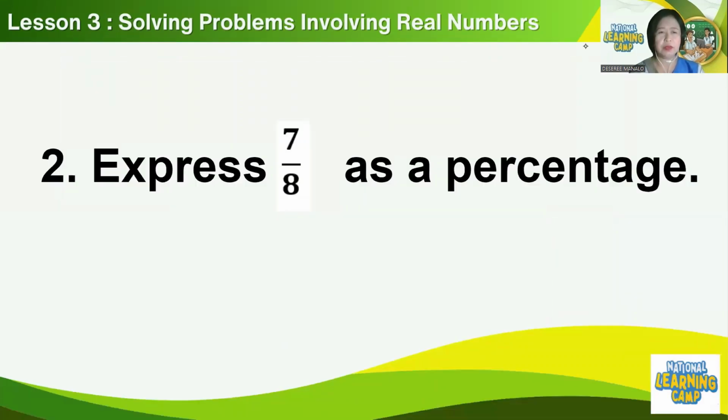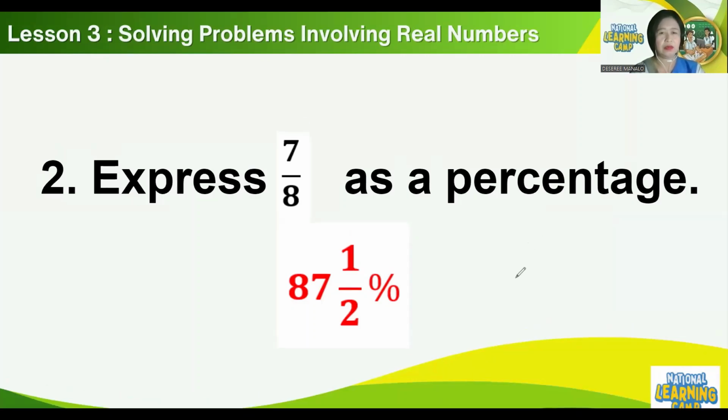Number 2, express 7/8 as a percentage. The answer is 87 and 1/2%. So how did we get this 87 and 1/2%? 7/8 times 100%/1.